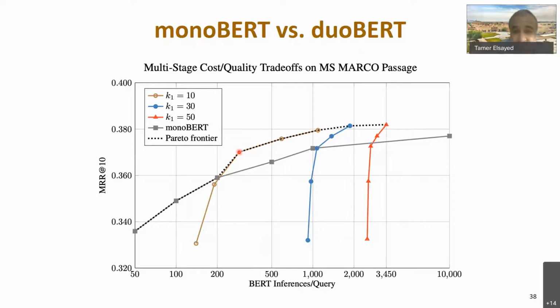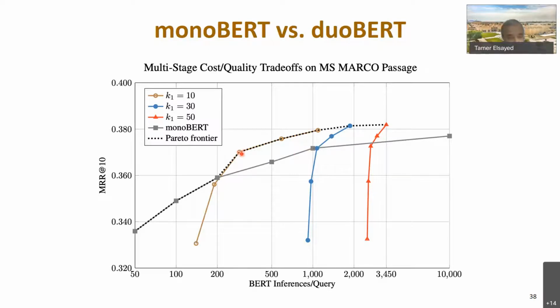So this point and this point give the exact same effectiveness, but with much better efficiency for this one, because the cost here is less than the cost here. So let's compare these two points. What is the size for MonoBERT and for DuoBERT?